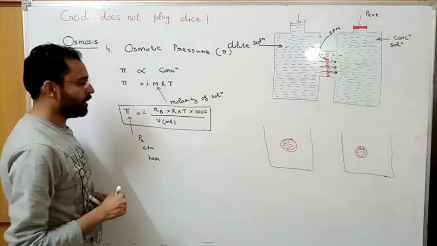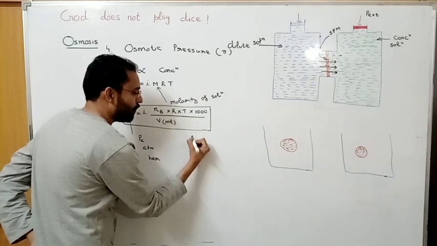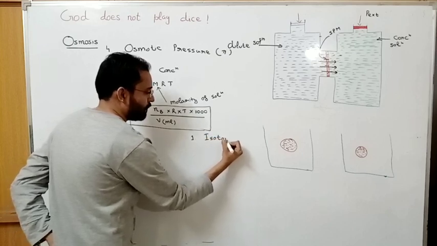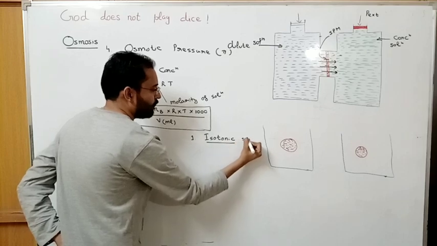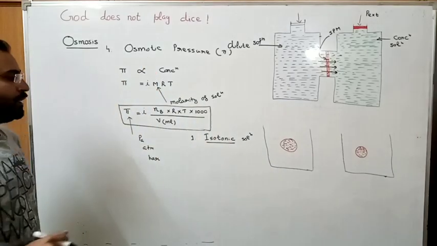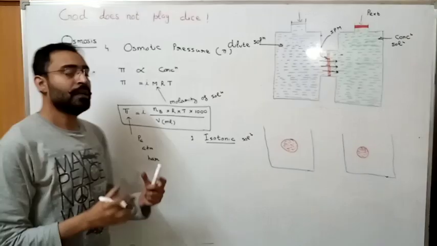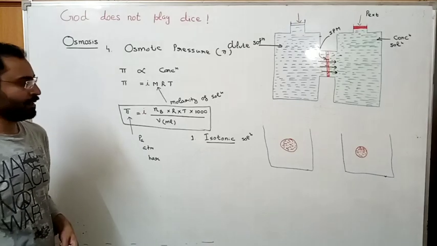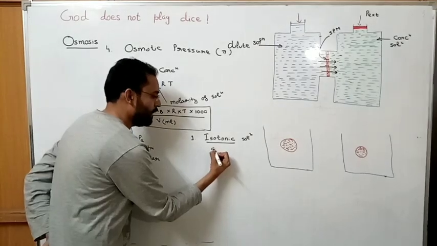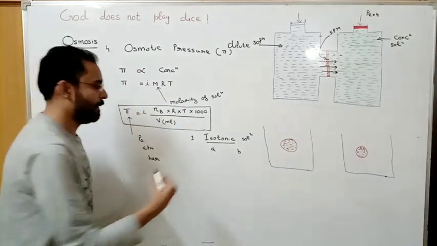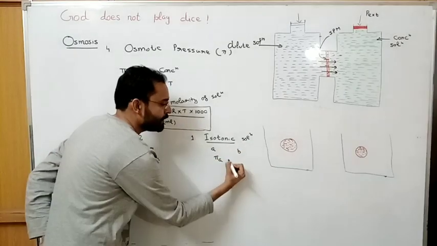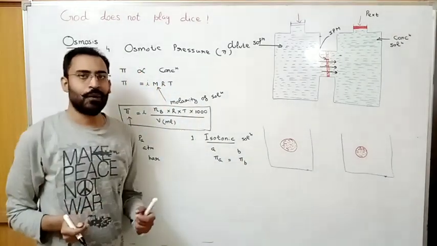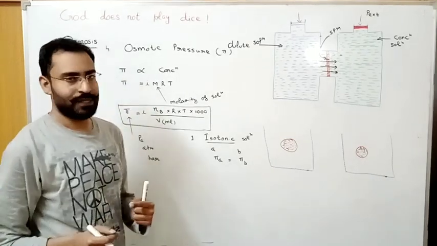On the basis of osmotic pressure, students, solutions are of three types. First are known as isotonic solutions. Isotonic solutions are those two solutions which have equal osmotic pressure. Consider we have solution A and solution B. If pi A is equal to pi B, these two solutions are known as isotonic solutions.